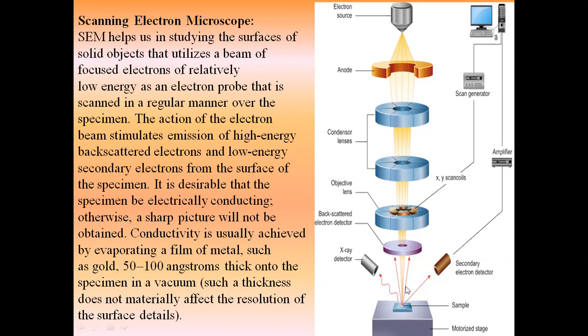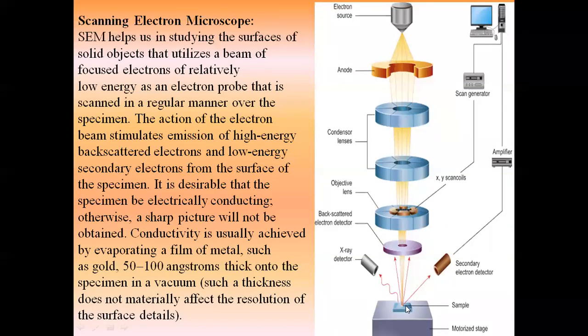Once the electron falls on the sample, there are three possibilities. The electron may hit the sample and release electrons, which is a secondary electron, detected by the secondary electron detector.